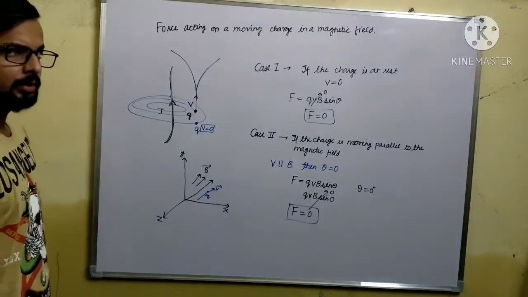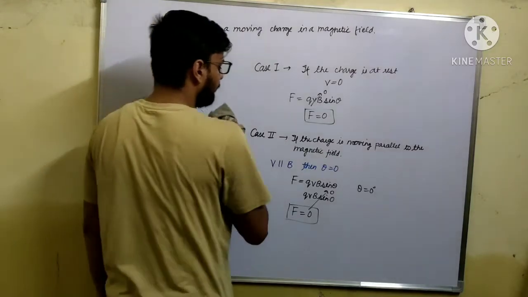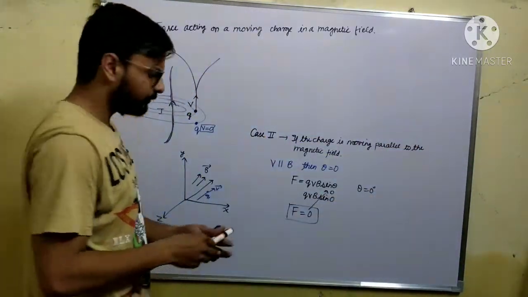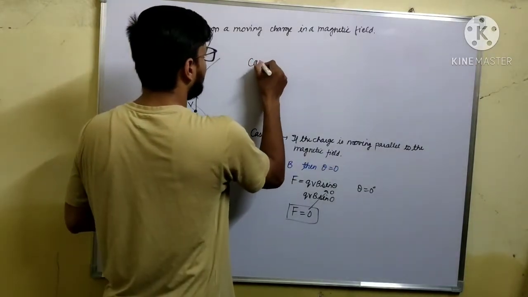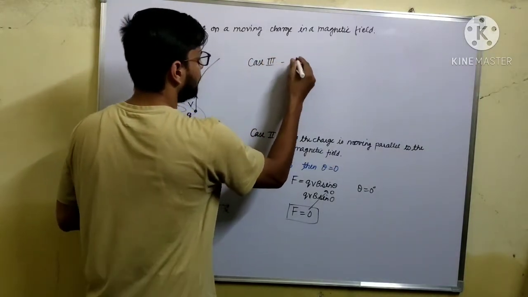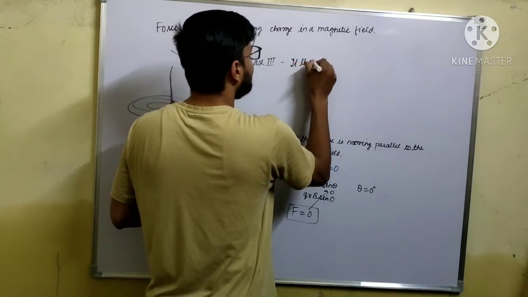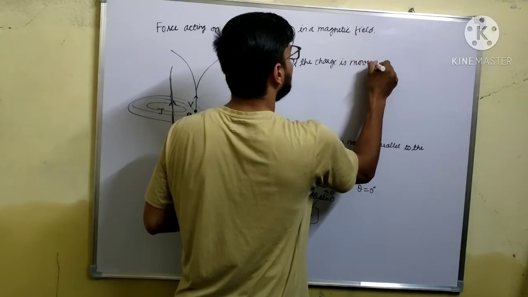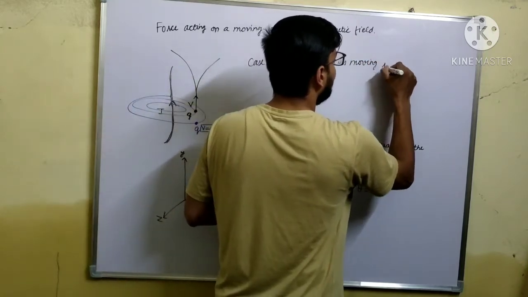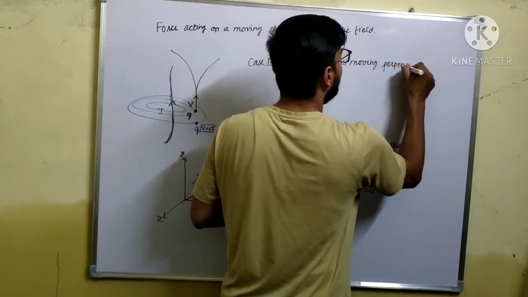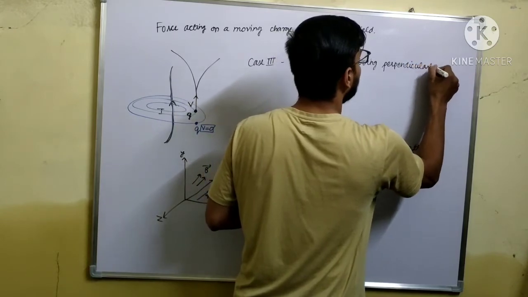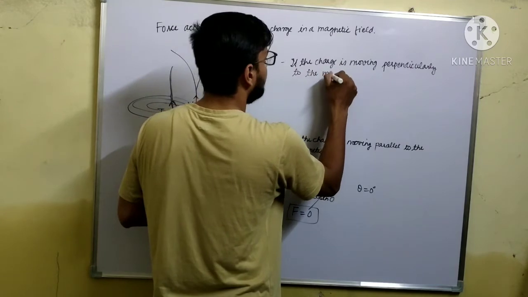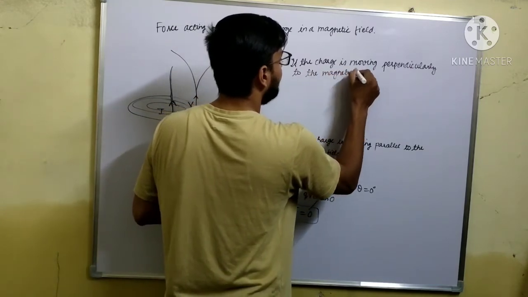Okay, so there is one more case, case 3: if the charge is moving perpendicularly to the magnetic field.